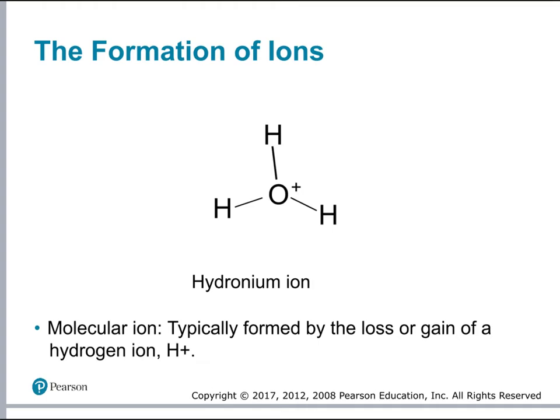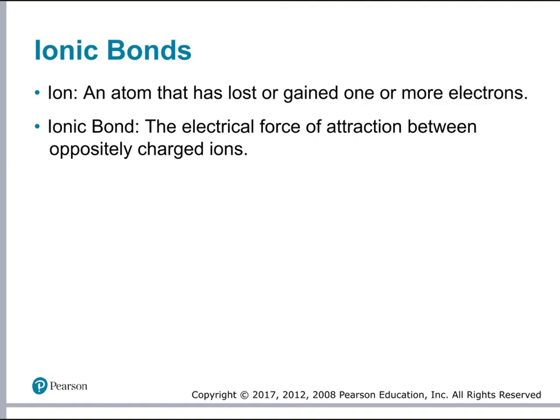Now, the H2O part, the water, is electrically neutral, but it's this hydrogen ion which turns the whole thing positive. So the hydronium ion would have a positive charge, and we could actually write this out as its chemical formula. That would be H3O and then a plus to let us know that it's positive.